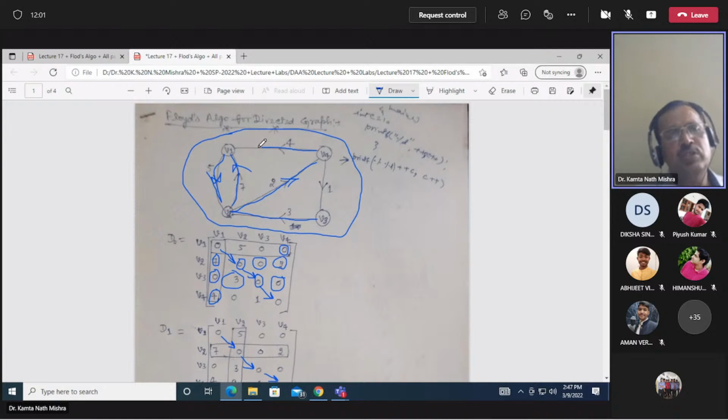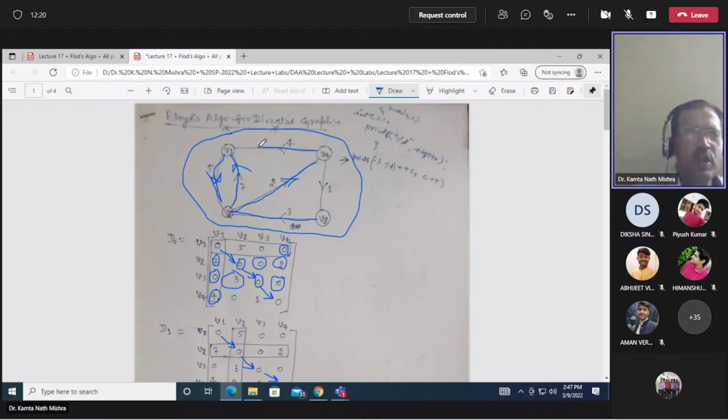Now, again, you will do the same thing. What will you do? You will select the first row and first column from D0, the distance matrix D0.